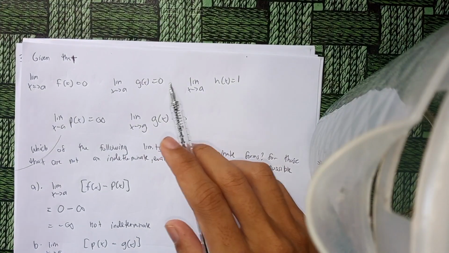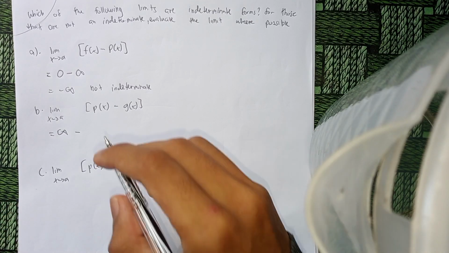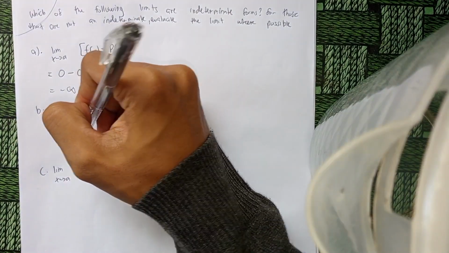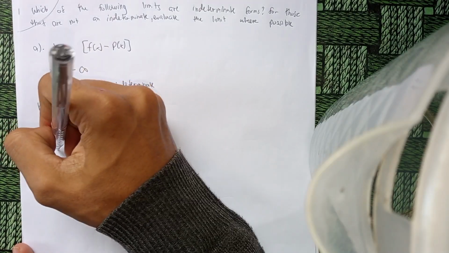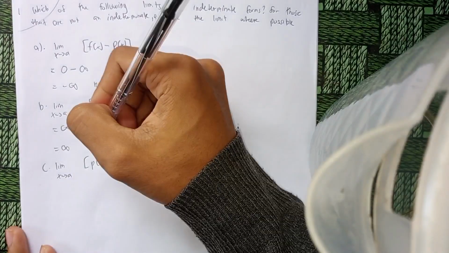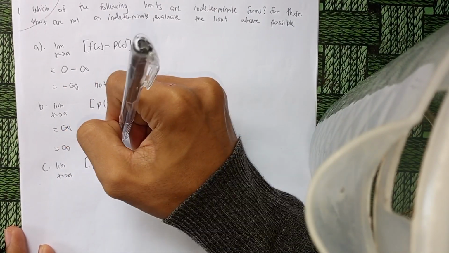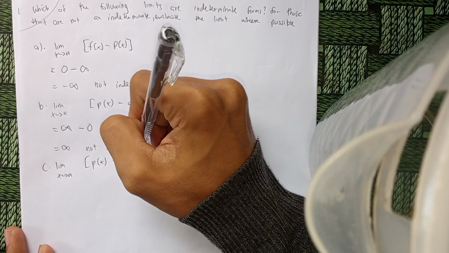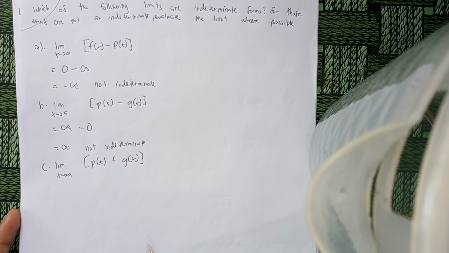So it is 0. So infinity minus 0 is infinity. So this is not an indeterminate form, because the answer is infinity.